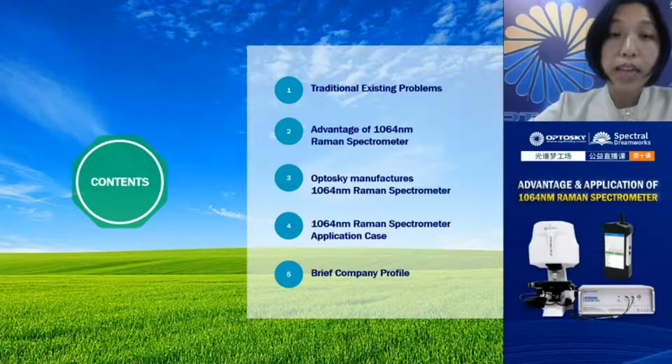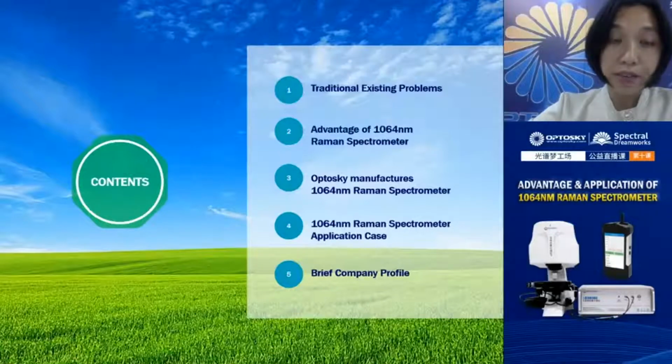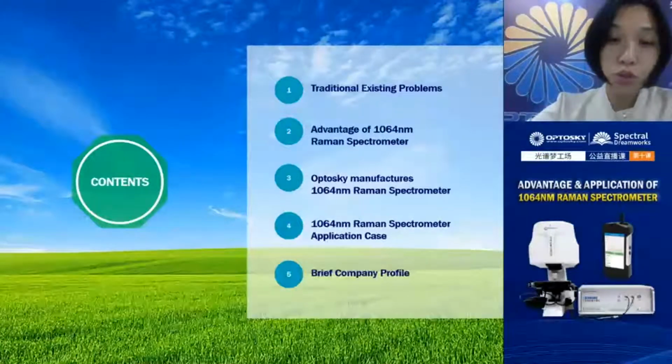As we all know, 1064 nanometers Raman spectrometers have some advantages and applications. So you may wonder why it's needed to use the 1064 nanometers Raman spectrometers.